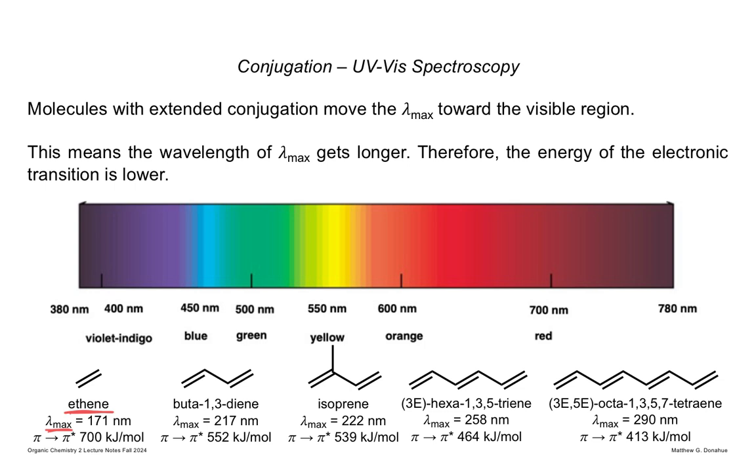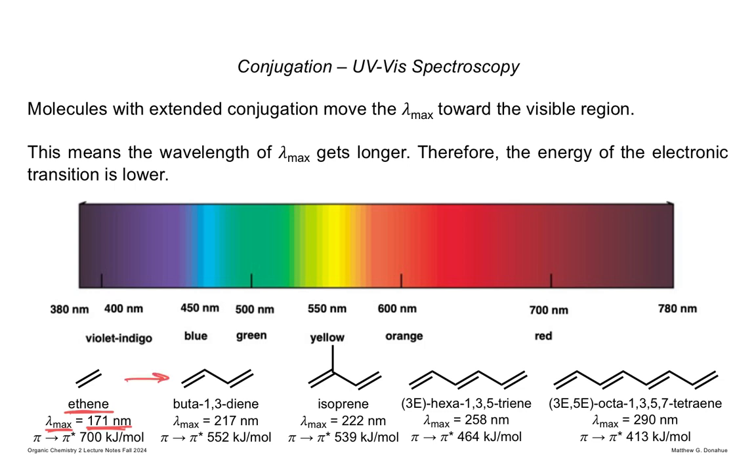The top of that curve is called the lambda max. That's where it absorbs the most light. So ethene is 171, and what you'll notice is it doesn't fall in the range at which we see. So if you had a clear container of ethene gas, it would be translucent, like colorless.